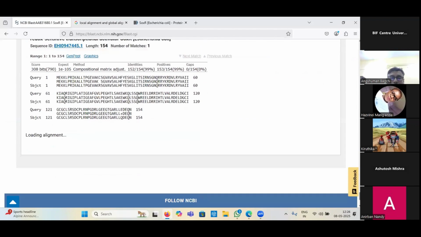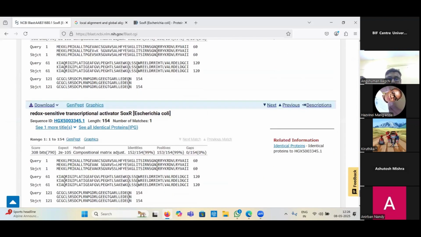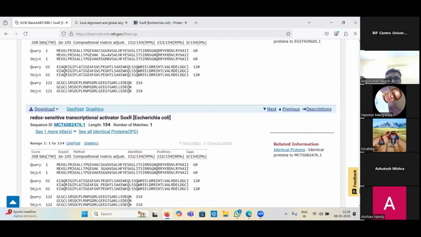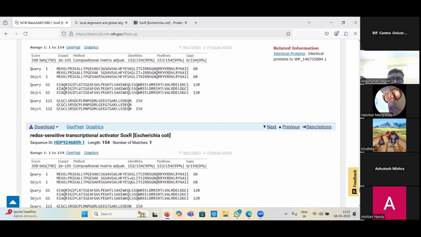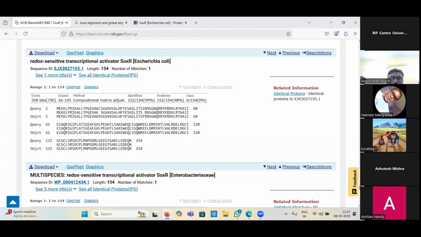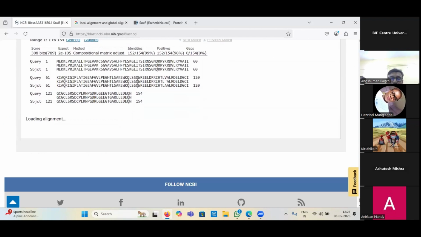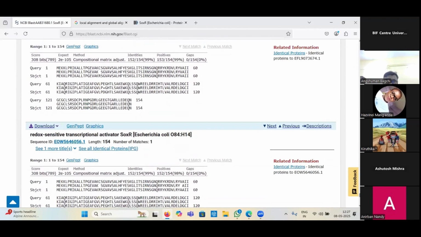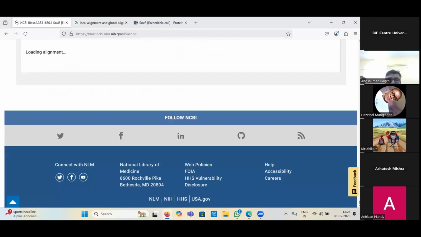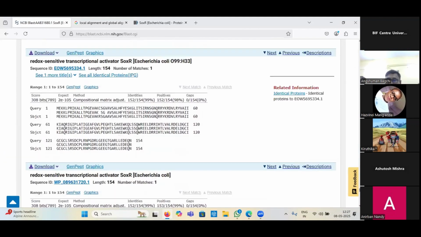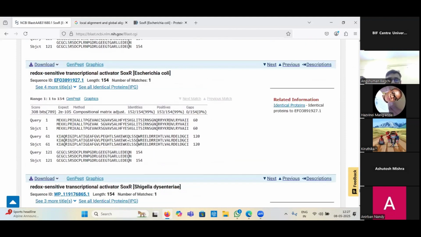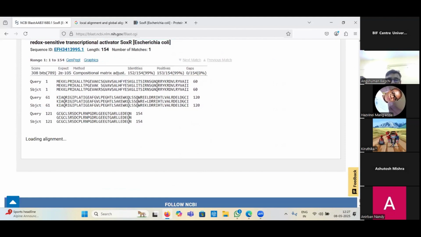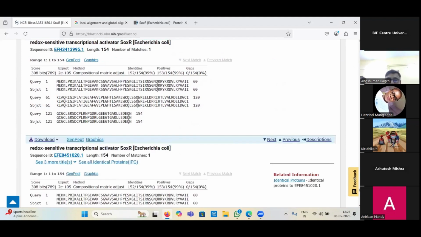Alignments are showing up, they're coming. See, because we have so many alignments, more alignments are coming up.